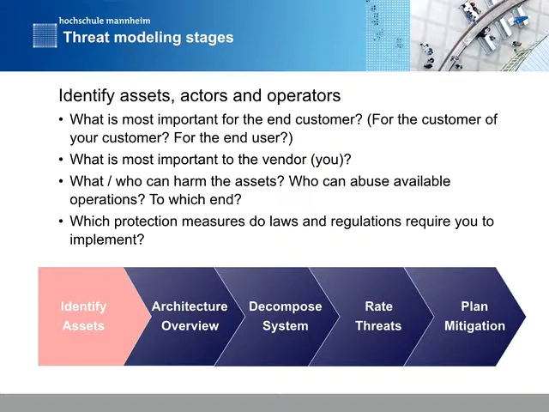Typically, developers think in features and in programming languages, and if they think about an attack, it's something very concrete like an SQL injection, for example. Whereas here the idea is what could happen bad, which bad things could happen to the different elements that you're using.